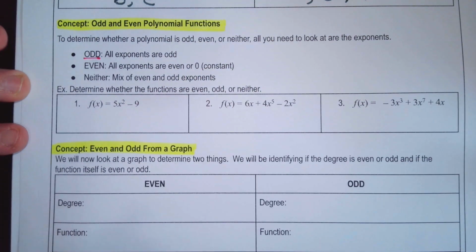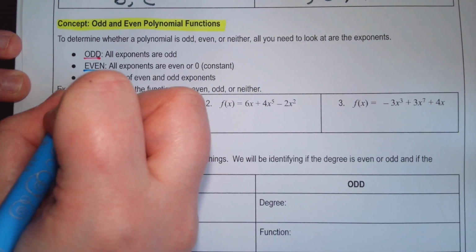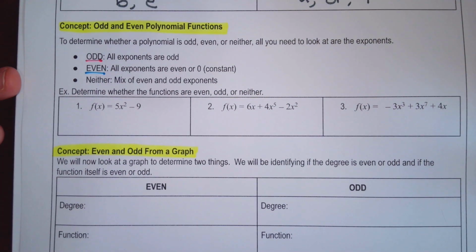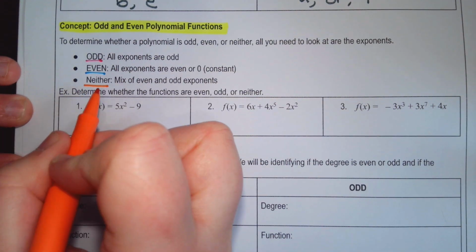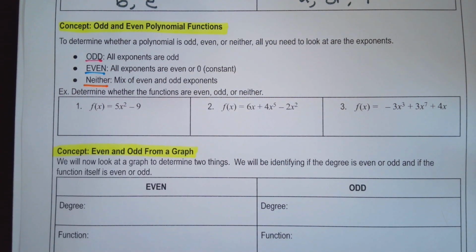They all have to have an odd exponent. If it is even, all exponents are even or a zero, meaning it's just a number, no variable attached. You can also have neither even nor odd.